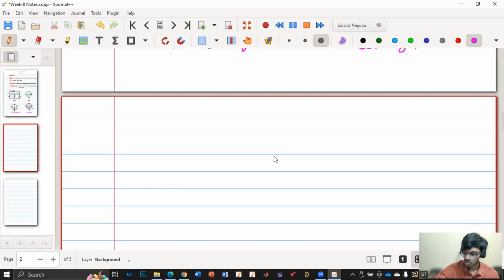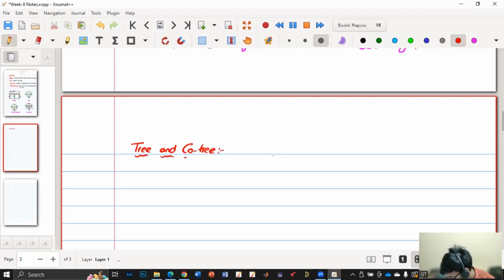So this is just the basic terminology of the graph. Now we'll go to something called tree and co-tree. These are all terminology and these are very important, so that's why I'm spending time. First, tree. A tree is a connection between the nodes so that no node is left and no loop is formed.